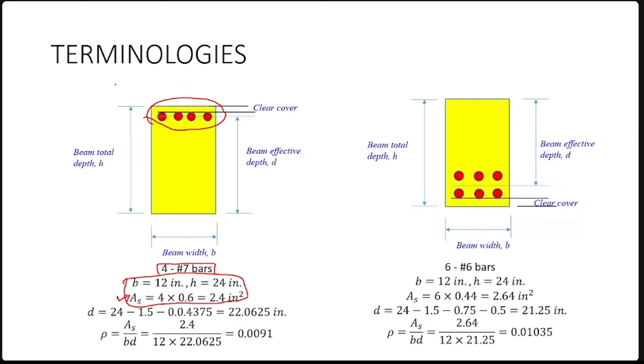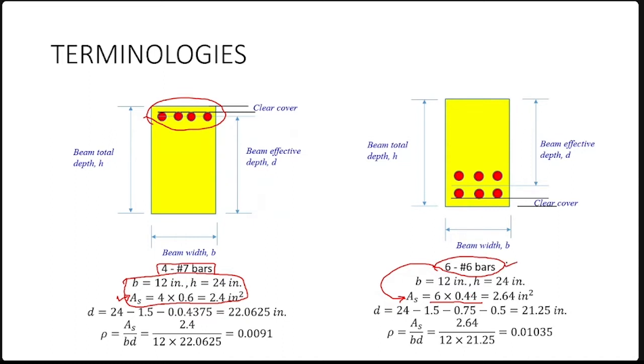Do you understand how AS is calculated? We will do calculation throughout this class today. For example, 6 number 6 bars. Steel area is 6 into 0.44 because 0.44 is the area of 1 number 6 bar.